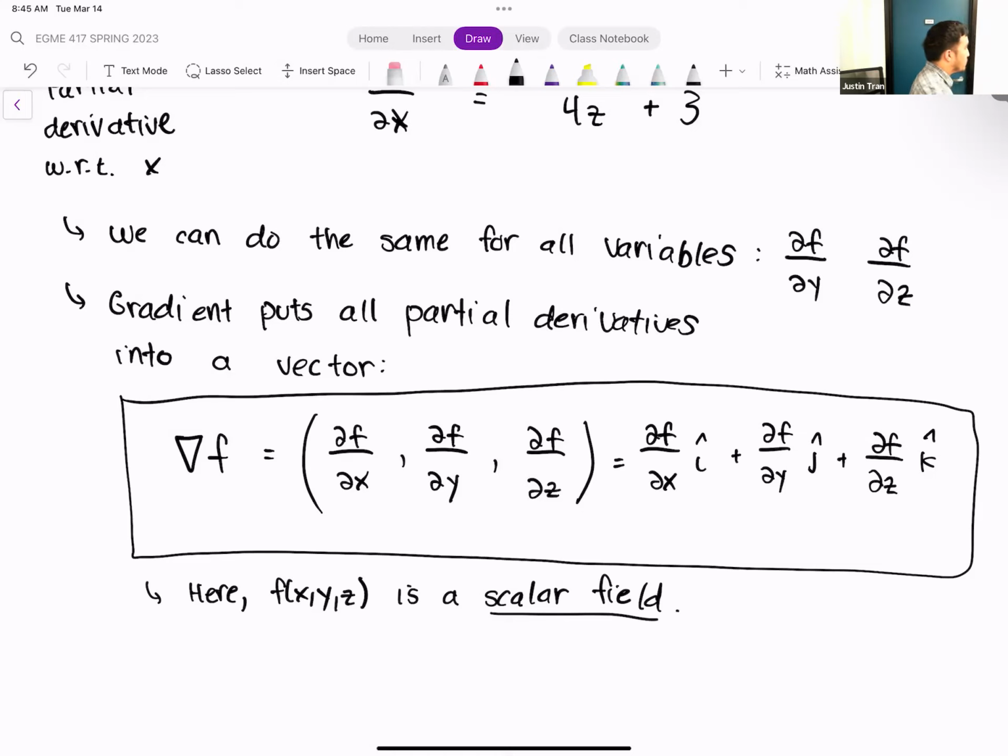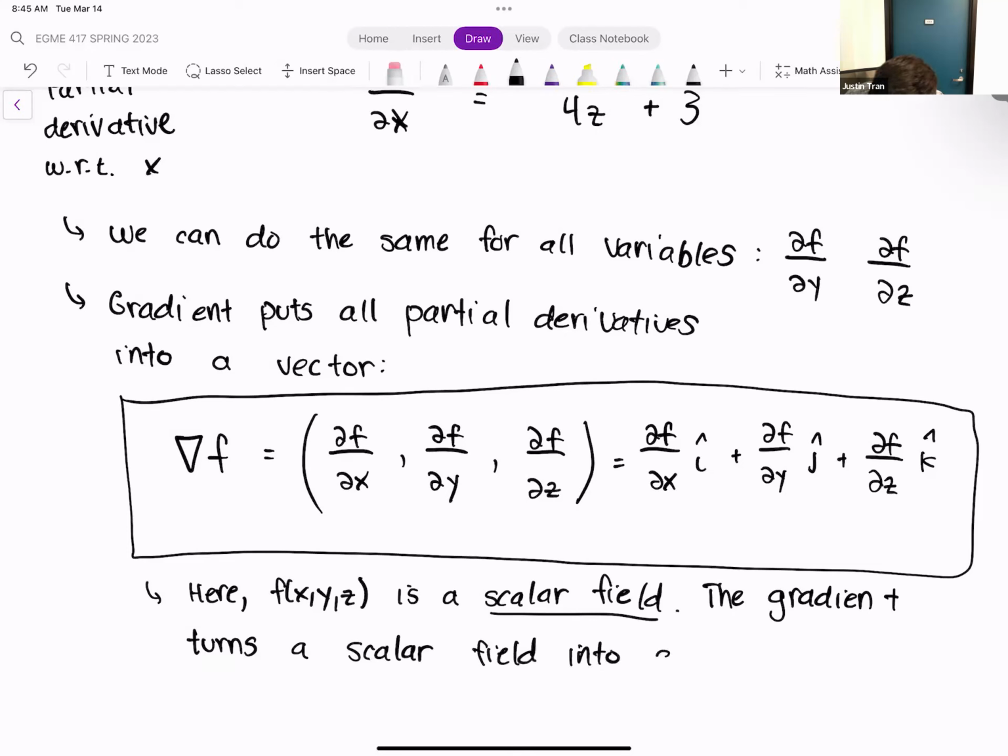And so it's a multivariable function, but it's scalar valued, and so f itself is just one value. Okay. But notice what we did here. We took a scalar field, f, which only has one value at x, y, and z, and then we turned it into a vector. Okay, so this is an important property of the gradient.